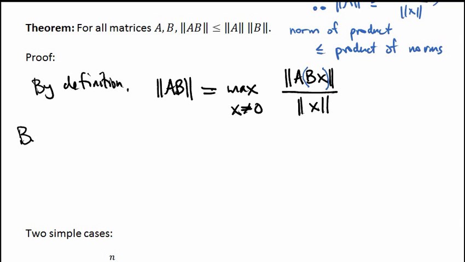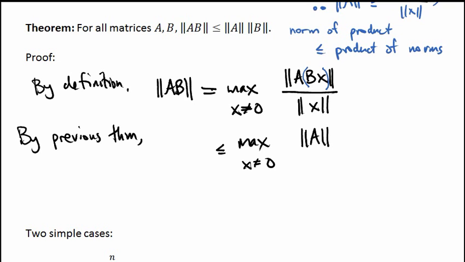Well, by the previous theorem, we're going to rewrite the norm of A times BX as less than or equal to the norm of A times the norm of the vector BX.